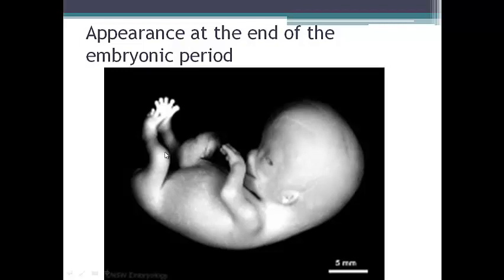The limbs are clear and they've divided into the feet and the legs and the hands. You can see the toes and fingers. You can even see some facial features. So at the end of the embryonic period, there is an actual structure or fetal form. And then further development and changes will happen over the next period of development.